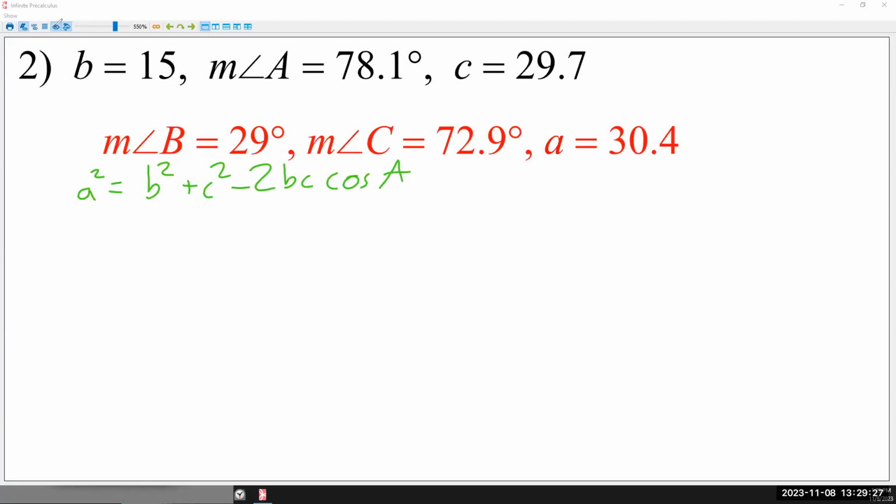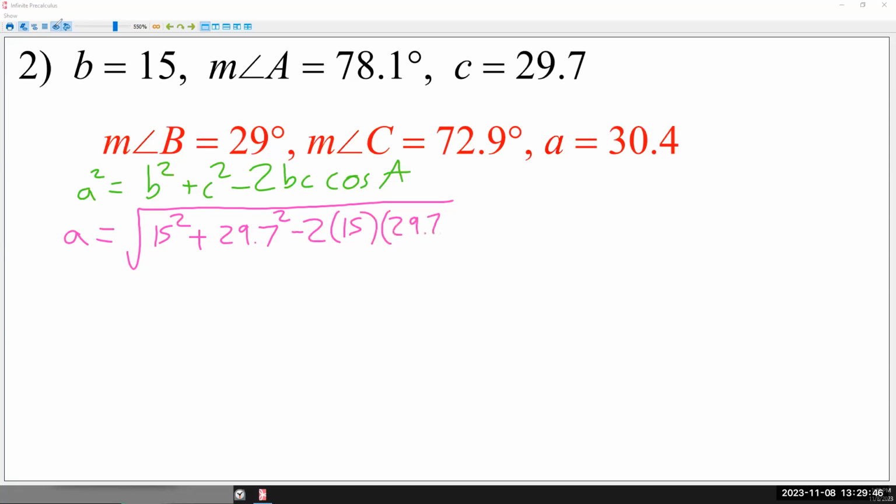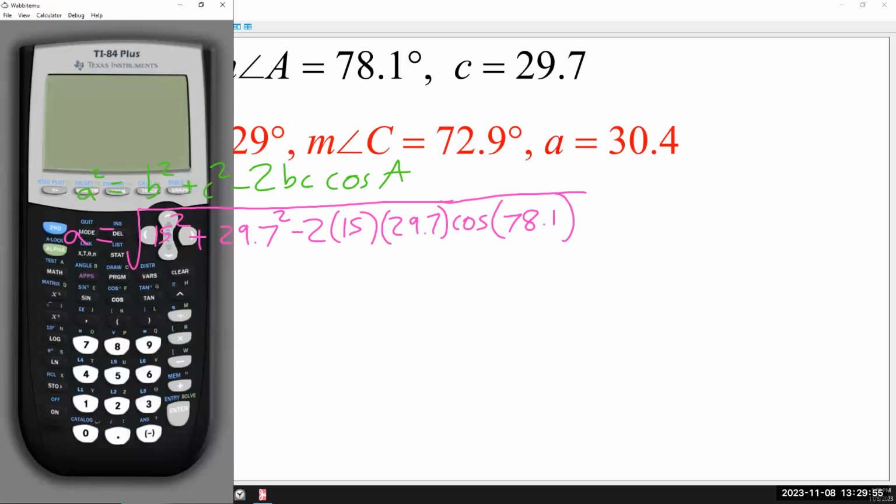All right, so if I plug in, I don't know what A is. I only need you to get 0.48. So I'm combining steps just a little bit. I'm going to go ahead and start with my square root.